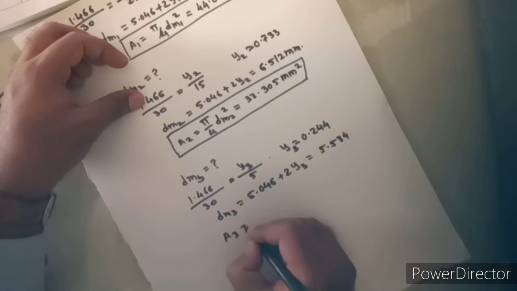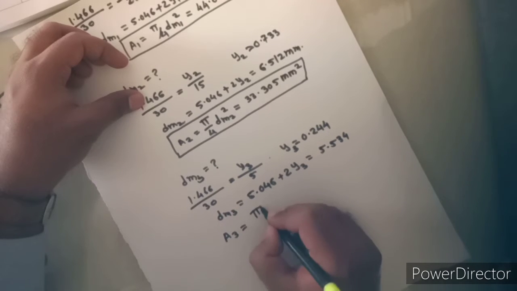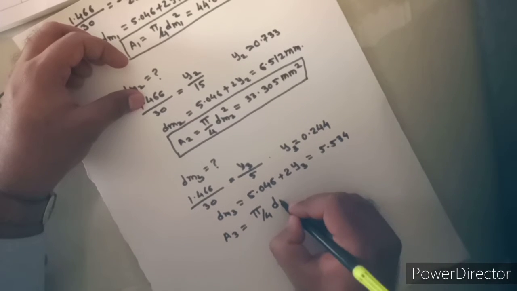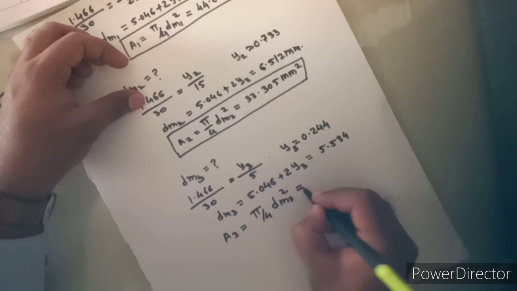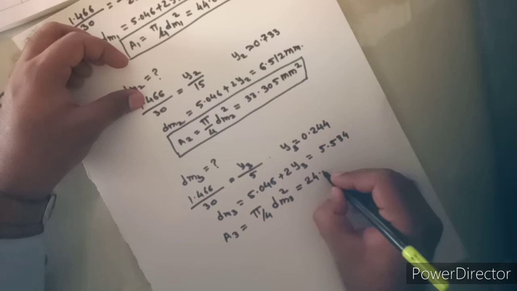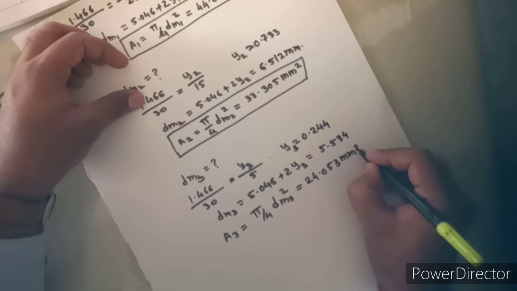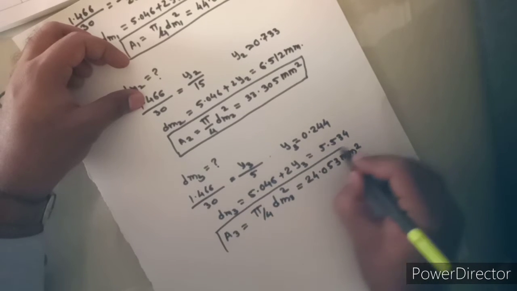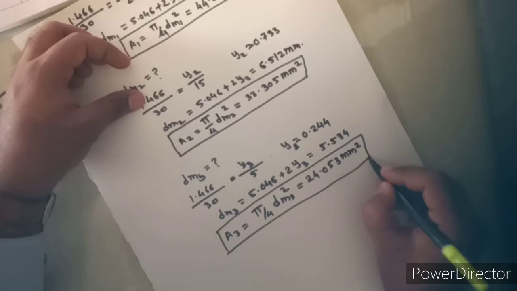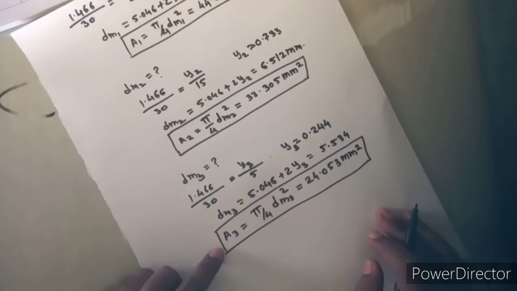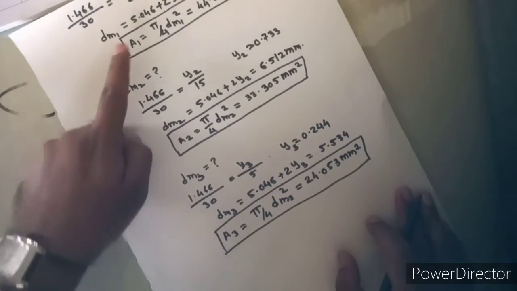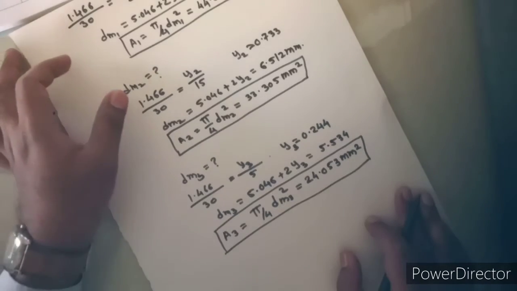Similarly, A3 is equal to pi by 4 DM3 square, which is 24.053 mm square. You now have the values of A1, A2 and A3.